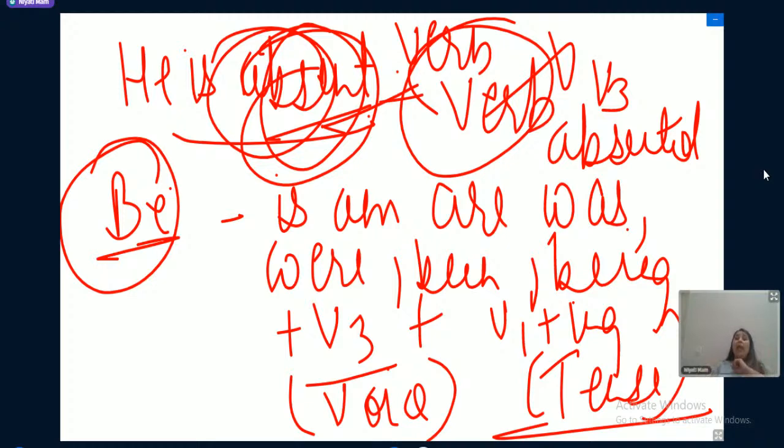So that's why absent is not a verb here and the sentence is correct. You are only going to use a reflexive pronoun after these words when these words are being used as a verb in the sentence. So the sentence is correct here.